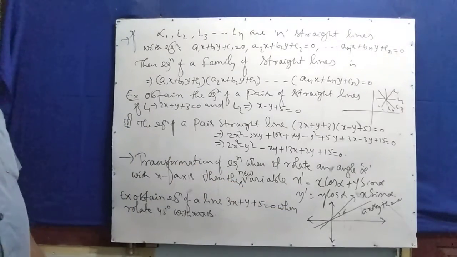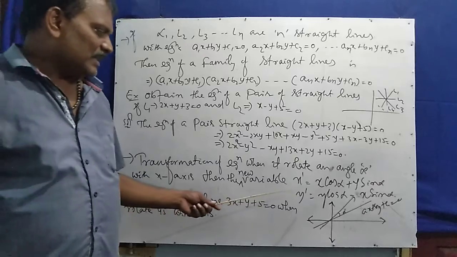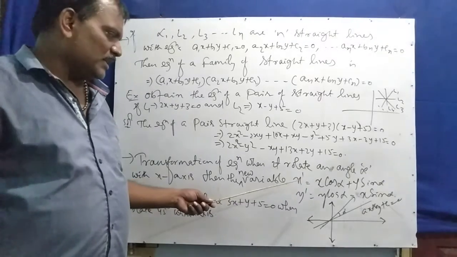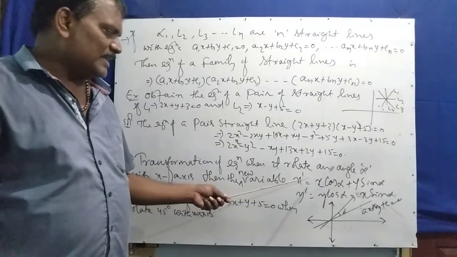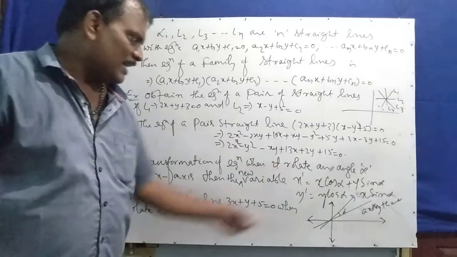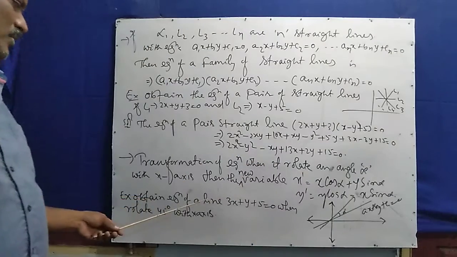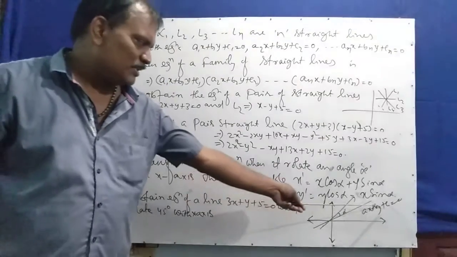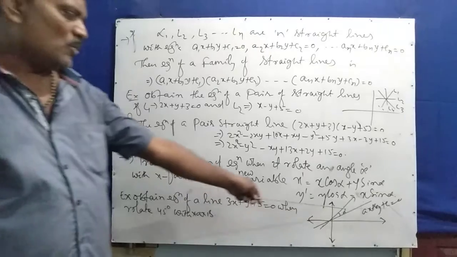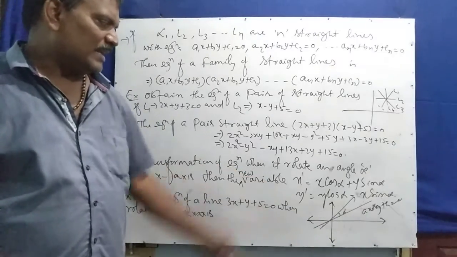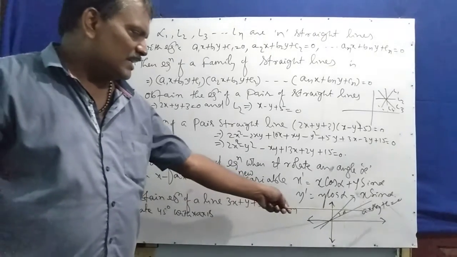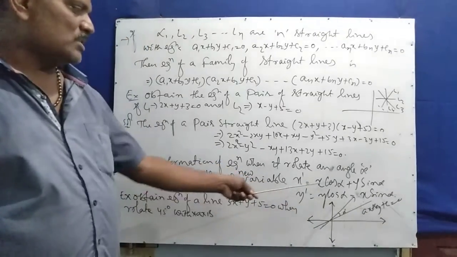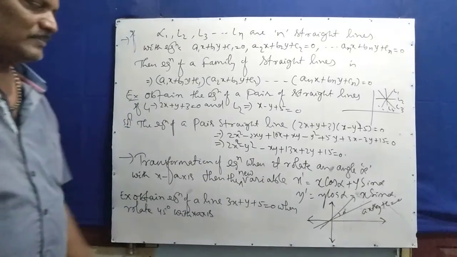Okay. Then at its new position, the variables become x dash equal to x cos alpha plus y sin alpha. Here x and y values, suppose here you get ax plus by plus c equal to 0. When it rotates with alpha degree, then at its new position, instead of x you put x cos alpha plus y sin alpha.